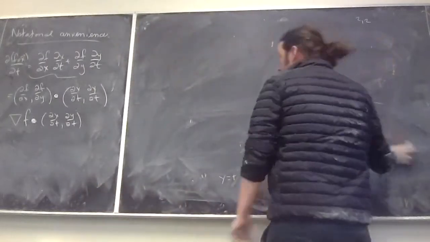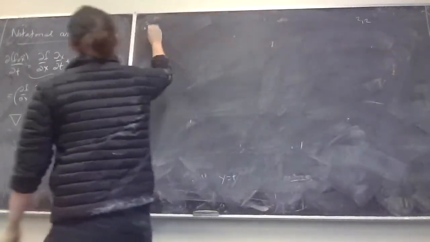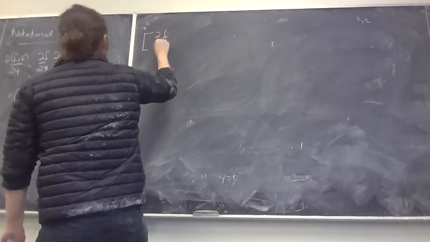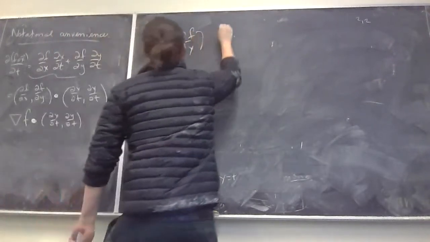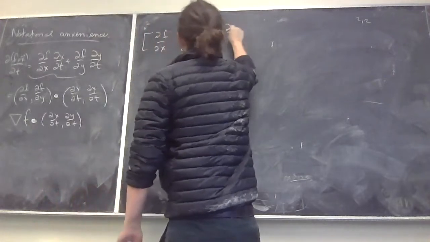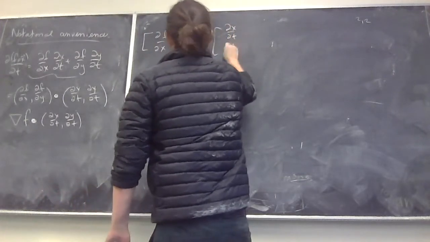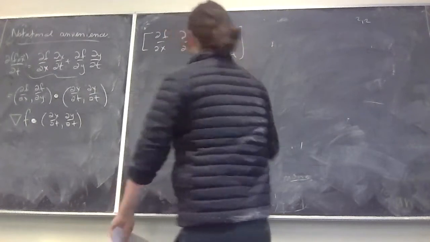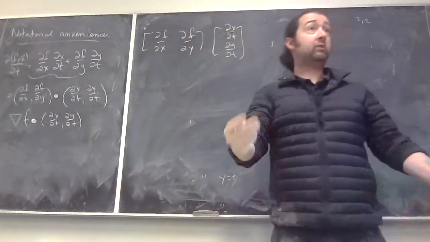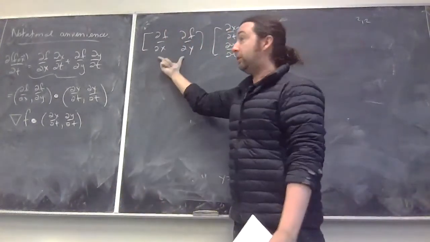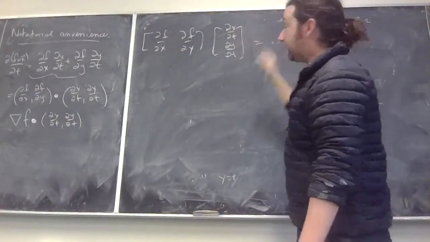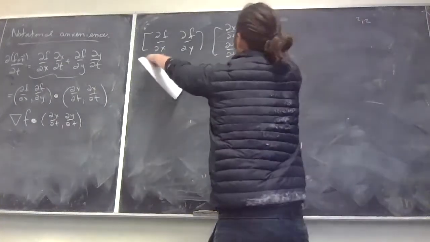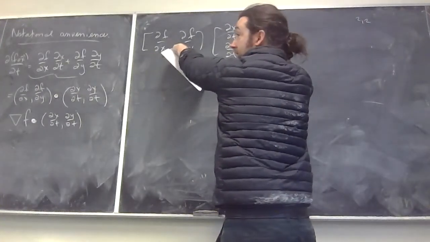So this is also a matrix product because it's the matrix df dx df dy times the matrix dx dt dy dt. This is how matrix multiplication works, right? The dot product of this row times this column. If you multiply it out as a matrix, it's this times this plus this times that.